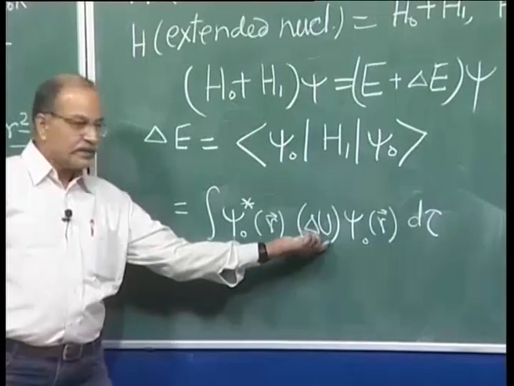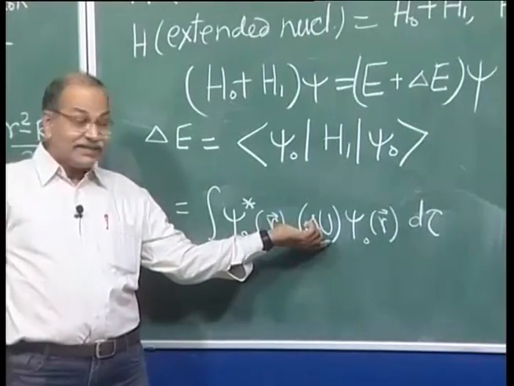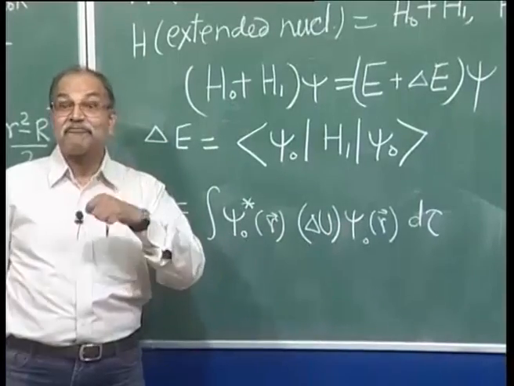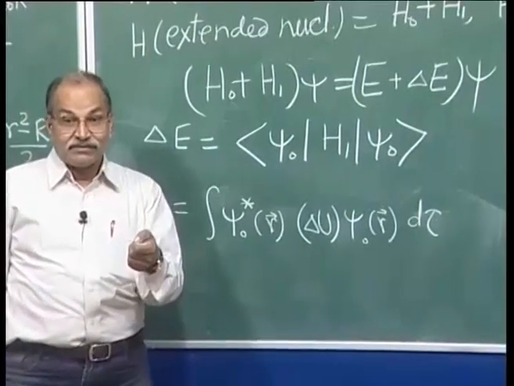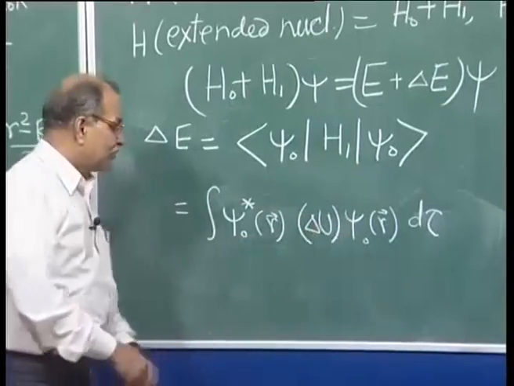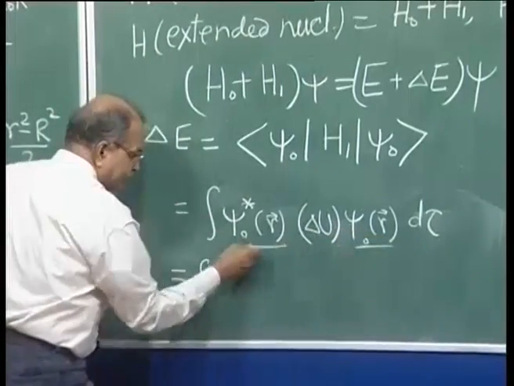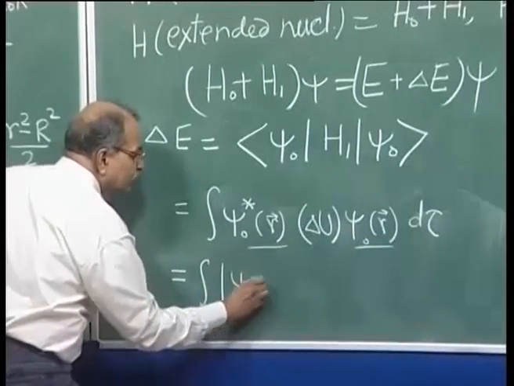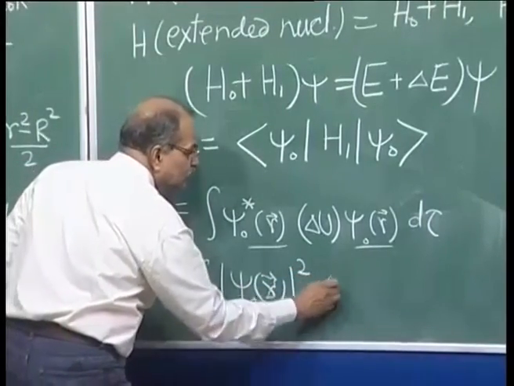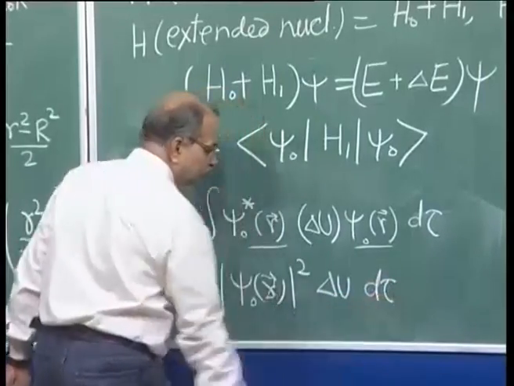And since the kinetic energy term, the del square term, is not there, it is just multiplication, right. The kinetic energy term differentiates, whereas this potential energy term just multiplies. So, multiply this and this: mod psi naught r square into this delta U that you have calculated times d tau.